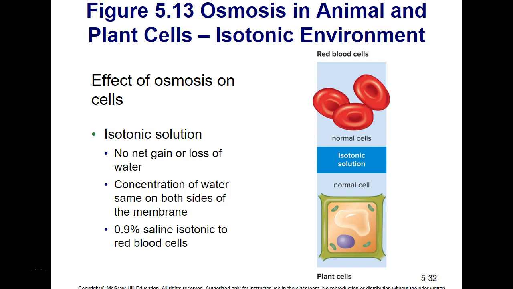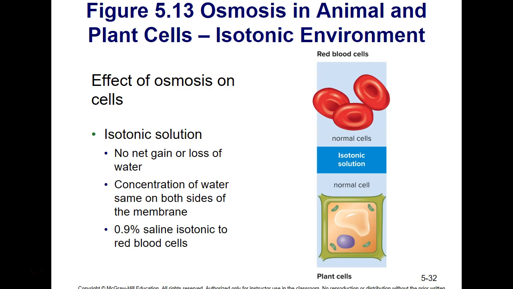So I've talked about osmosis, I've talked about simple diffusion over here, and we know simple diffusion is also called passive transport. It does not require energy. Active transport, on the other hand, does require energy in the form of ATP.